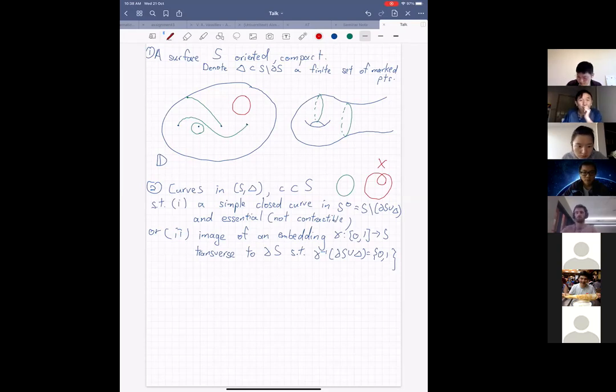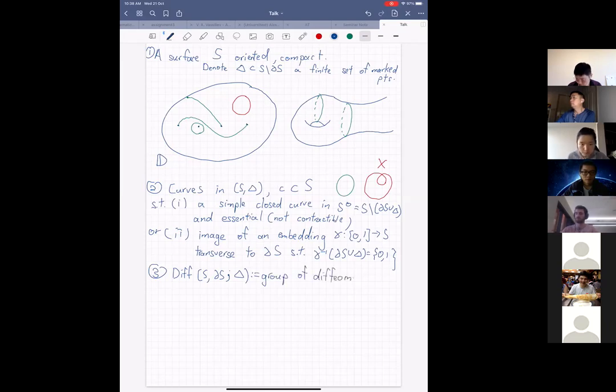Okay, so before we talk about the intersection number, let me introduce a group. We have to introduce a group of diffeomorphisms. You should see that diffeomorphisms form a group.